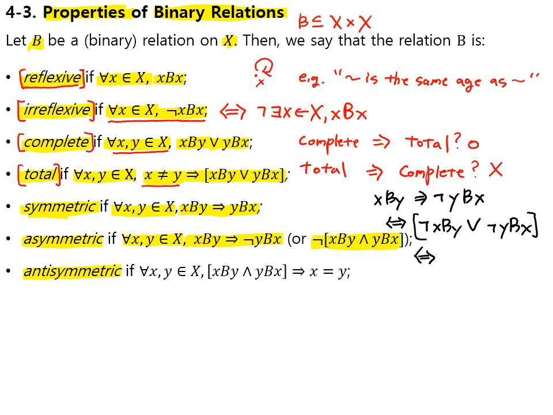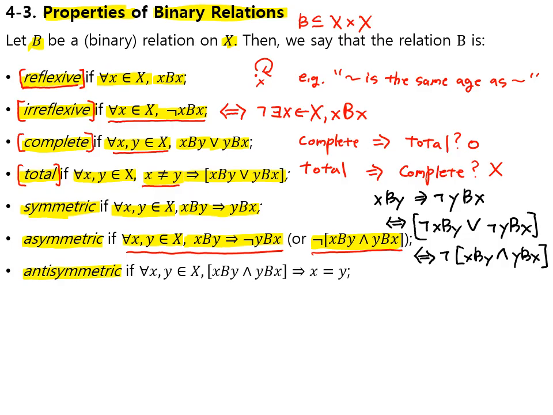And by De Morgan's law, we can extract the negation sign outside the bracket, and by doing so, the disjunction changes into a conjunction. So this is the same as it is not the case that x bears the relation to y and y bears the relation to x. And that is basically the reason why these two definitions are the same.